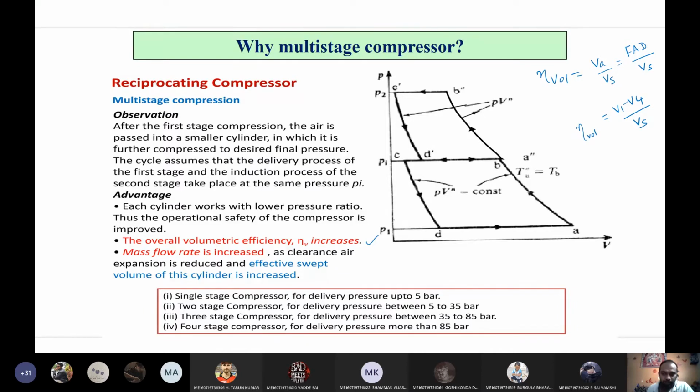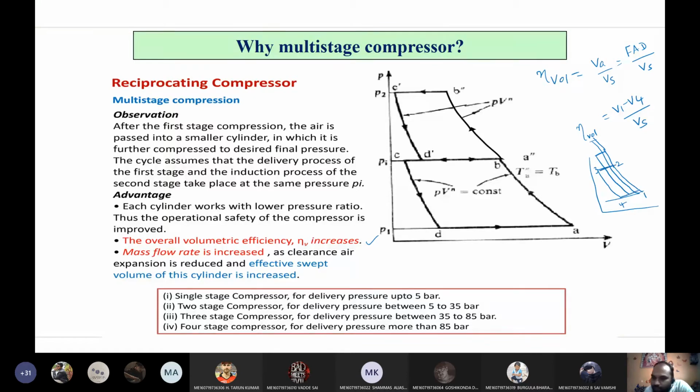If you see the single stage air compressor diagram with points 1, 2, 3, 4, say for a medium pressure rise, this is the delivery pressure.